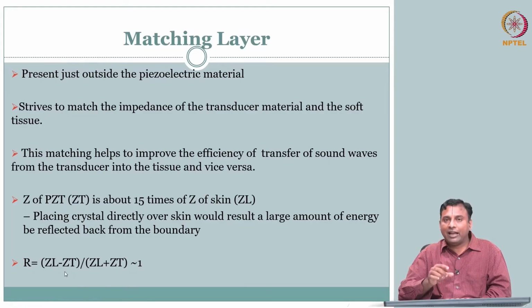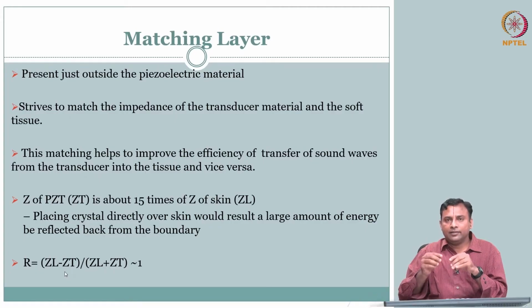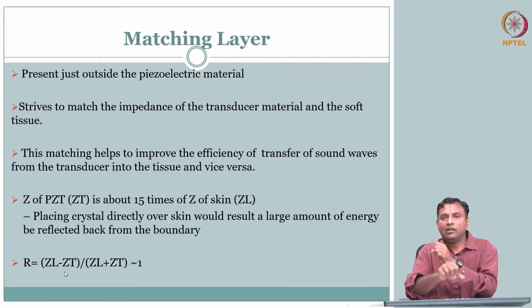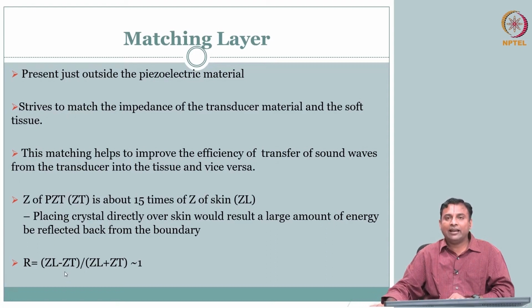In fact, after having the matching layer also, we talked about putting a gel and then placing it. Okay. So that is to really make sure that you are matched and you have pushed out any trace of air that may come between the matching layer surface and the skin surface. You do not want air to come in that layer. Okay.